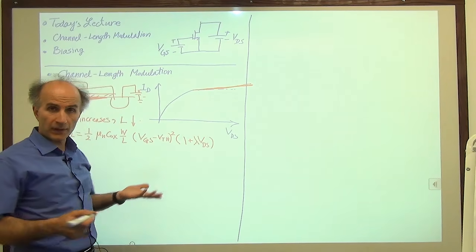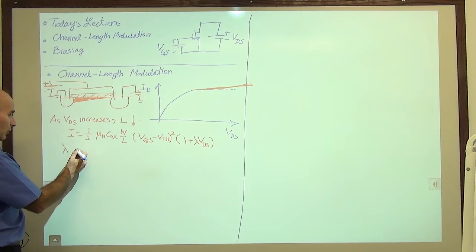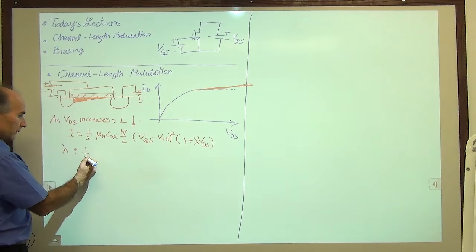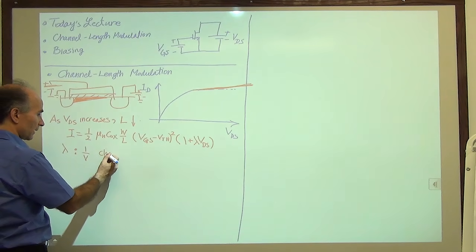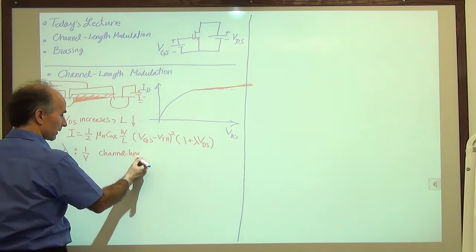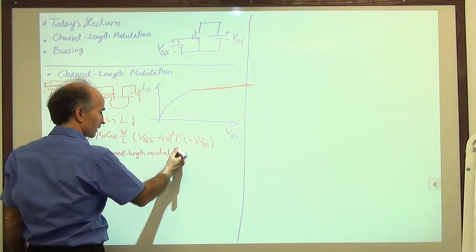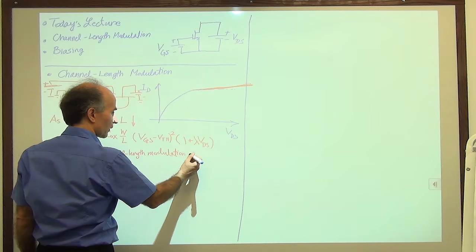Lambda is some number. So lambda, which has a unit of 1 over volt, is called the channel length modulation coefficient.